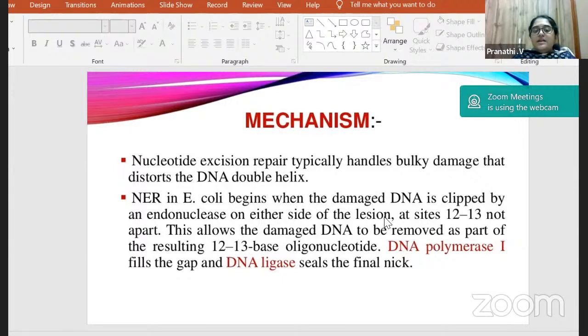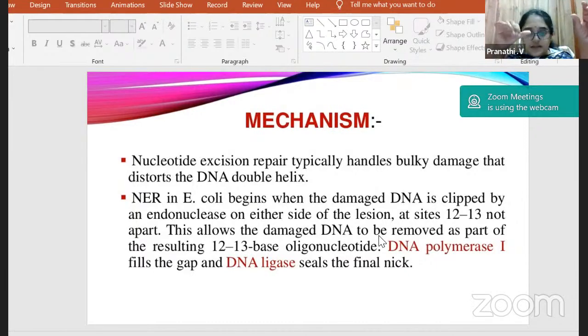The damaged DNA is clipped by an endonuclease on either side of the lesion, around 12 to 13 nucleotides apart. Then this damaged DNA is removed as a part of a 12 to 13 oligonucleotide altogether.